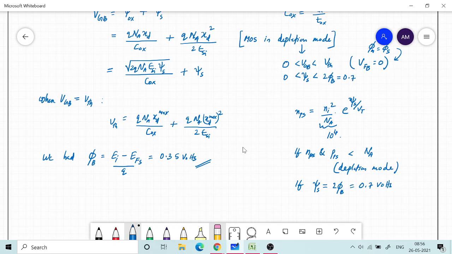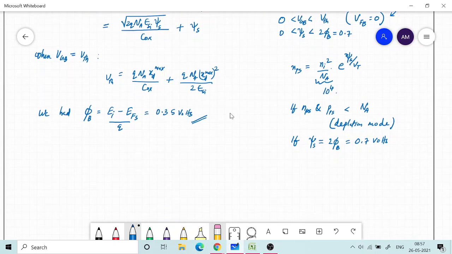Why it is not valid is because if you take the charges in the semiconductor region near the interface, then we can again find out NPS in this case. So if you find out NPS in this case, what is going to happen?